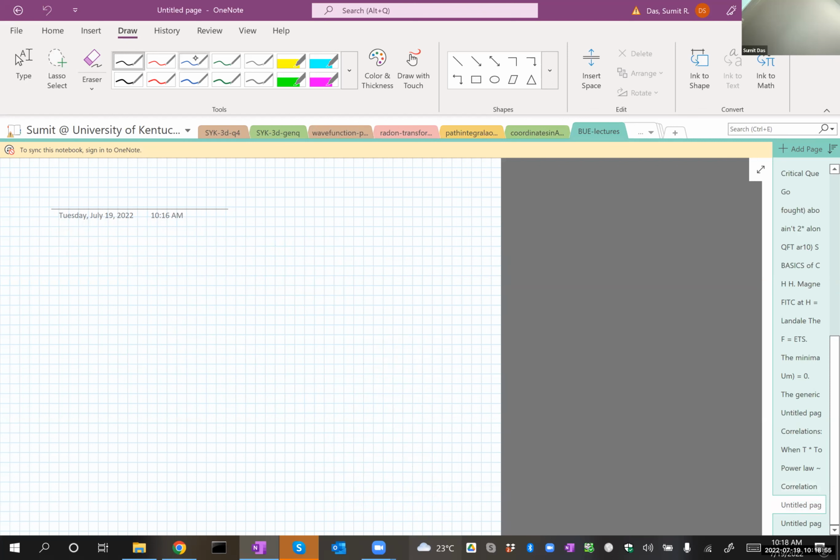And the amazing thing about critical exponents is that many different systems have almost the same critical exponent.